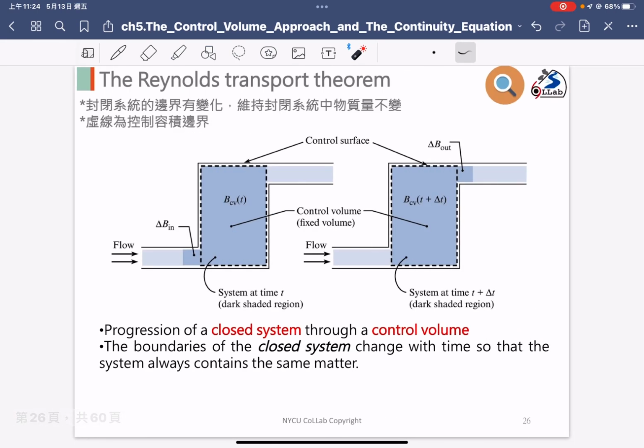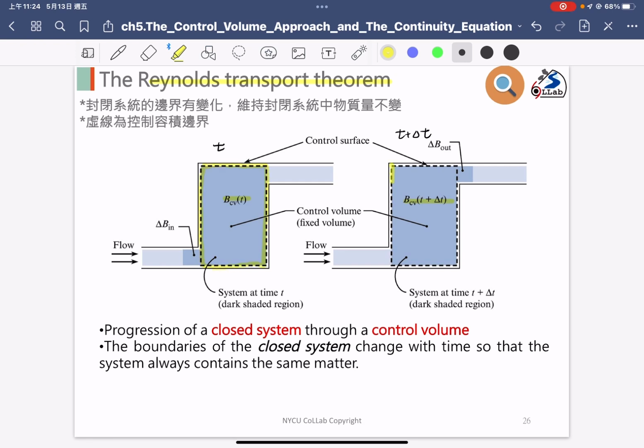Okay, so now we have some background knowledge, so we can introduce what the Reynolds Transport Theorem is. What is the Reynolds Transport Theorem? Okay, so this is the time point at t and several moments later, t plus delta t. Right now inside is BCV at t, and here is BCV at t plus delta t, and the dashed line shown here is our control volume boundary.